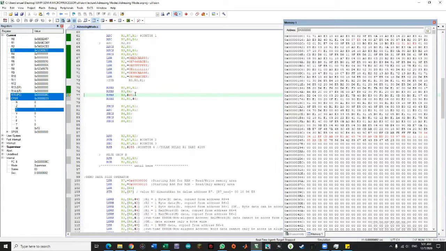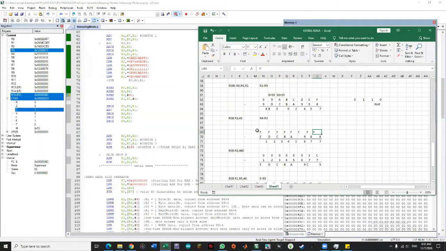So let's try the next example, which includes the immediate value and the destination register. So let's try it. So it's 16. The immediate value of 16 in hexadecimal is 3C. Minus the value of R3.